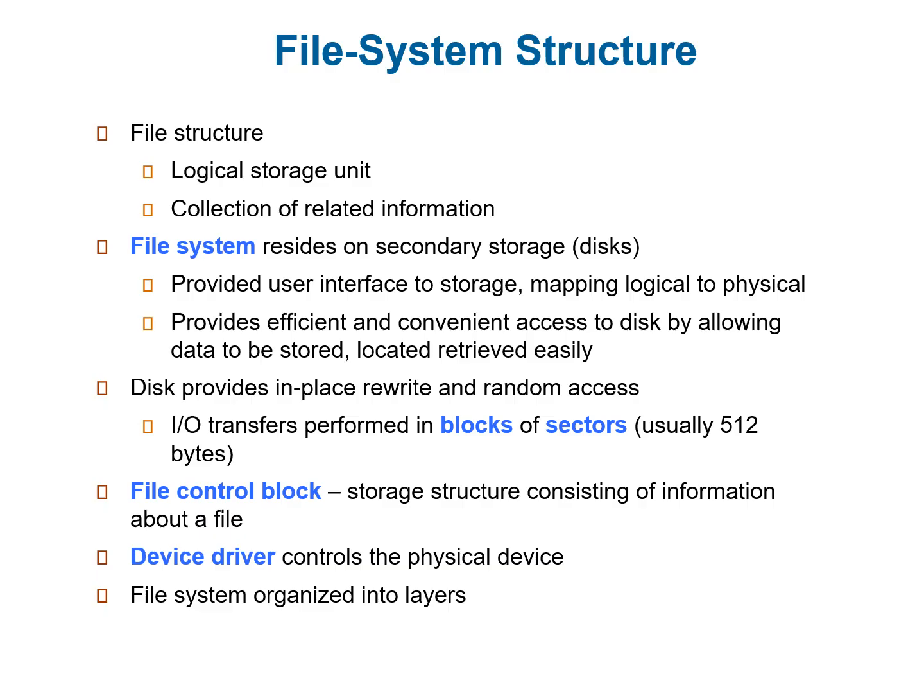It provides a user interface to storage, mapping logical to physical memories. It provides efficient and convenient access to disk by allowing data to be stored, located, and retrieved easily. And the disk provides in-place rewrite and random access. That is another important area where the file system is working.